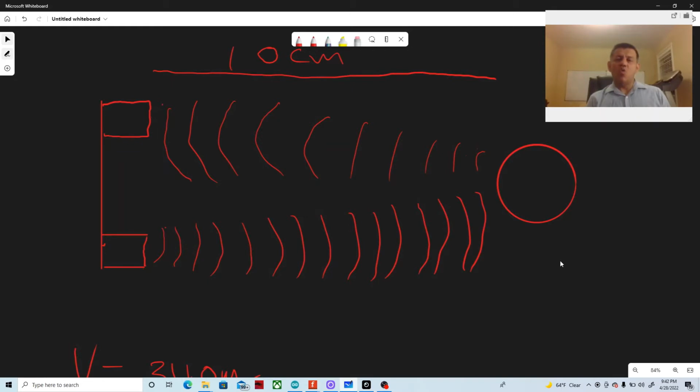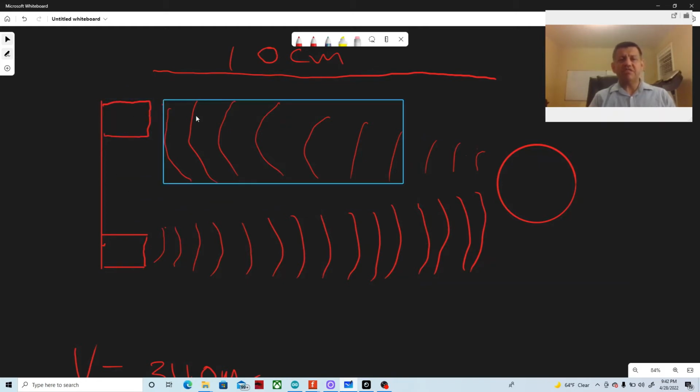Okay, so let's say that we have some object, this object here, and then you have the ultrasonic sensor. The ultrasonic sensor has two little lenses.